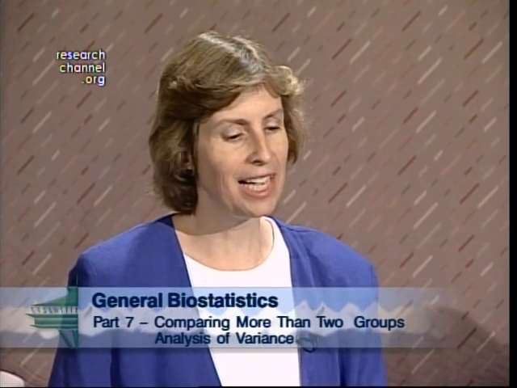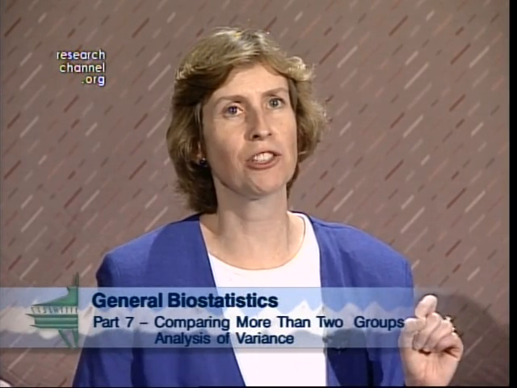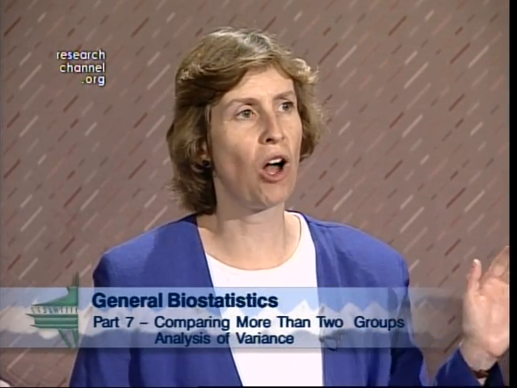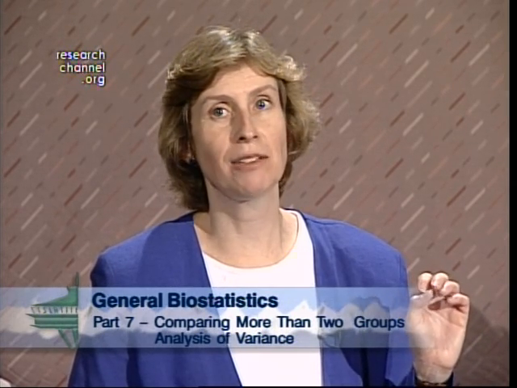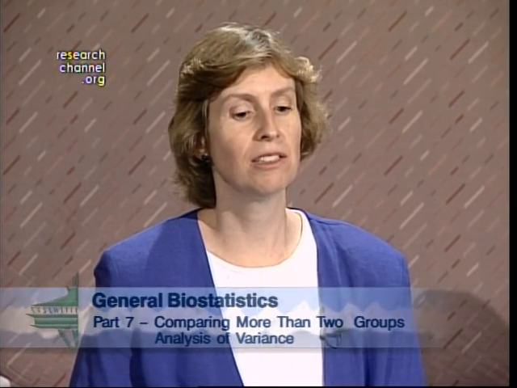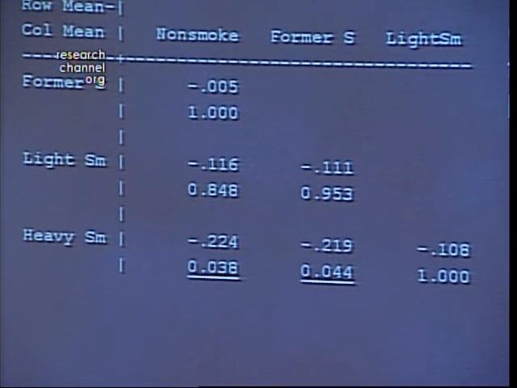But the main thing is that this second value is a multiple comparison corrected p-value that's aiming to keep the overall type 1 error minimized at 5%, even though we're making 6 different comparisons. So what I've underlined are the significant p-values indicating differences between non-smokers and heavy smokers, and differences between former smokers and heavy smokers in mean testosterone levels.